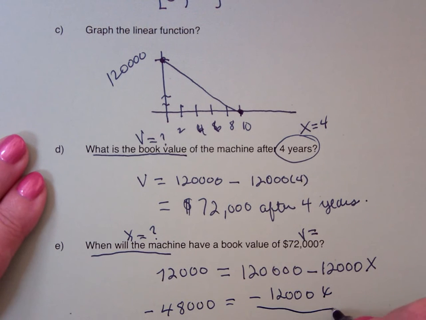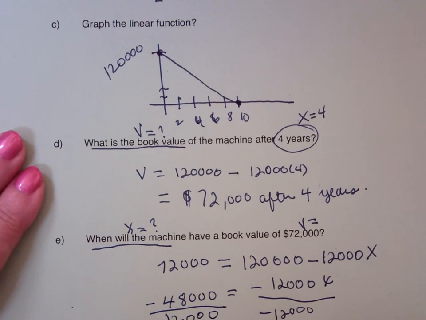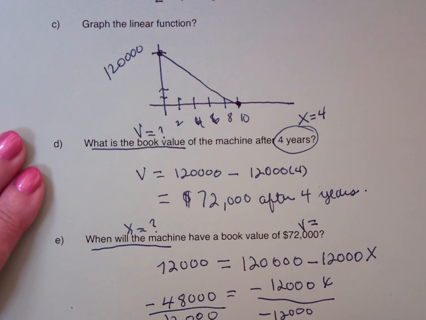Divide both sides by minus 12,000. And you get that x is 4. So the answer would be 4 years.